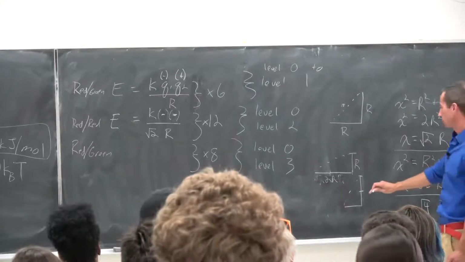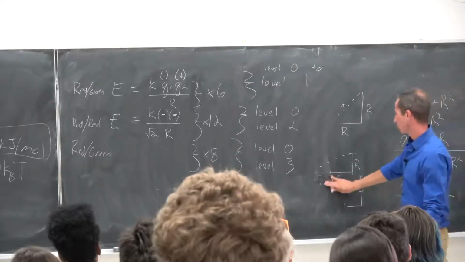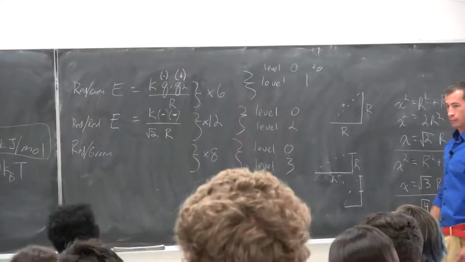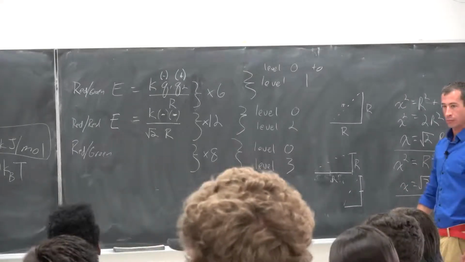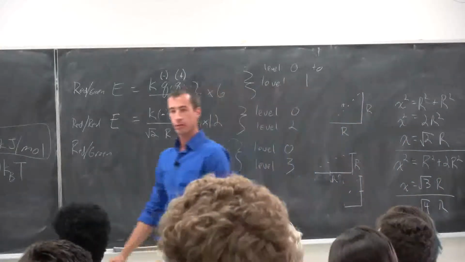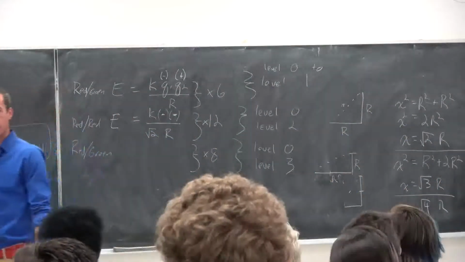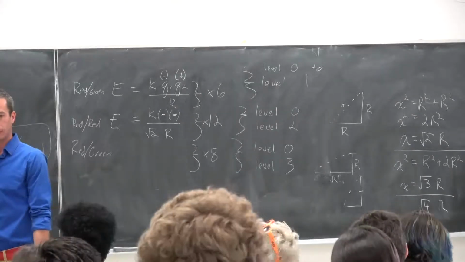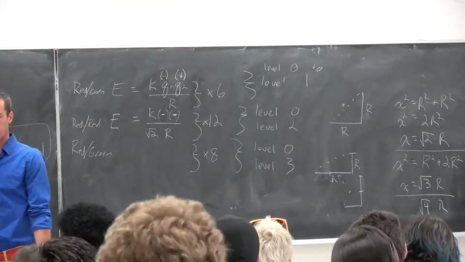Just the drawing should be root 2r as that distance. Professor, it looks like you're doing opposite corners of a rectangle, and I think we're supposed to be drawing a cube. You don't have to do three dimensions. Two-dimensional square, but then the bottom length is root 2r, and then the top length is r, so when you square it, it's 2r squared plus r squared is 3r squared, square root 3r.